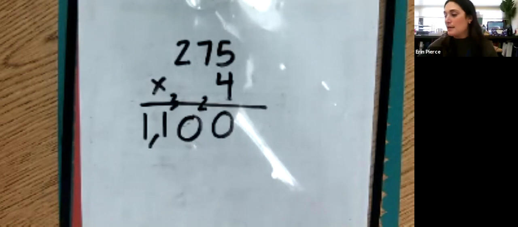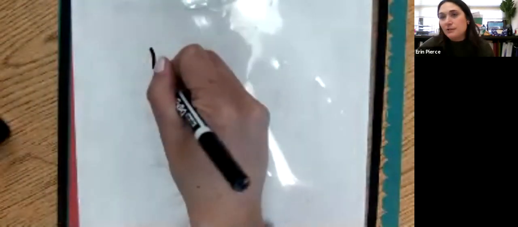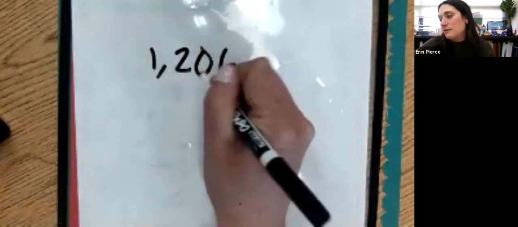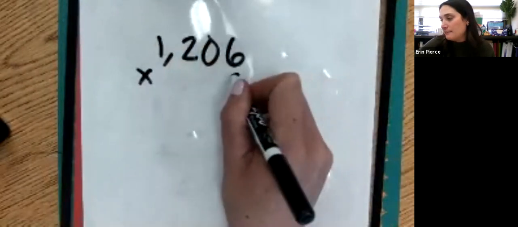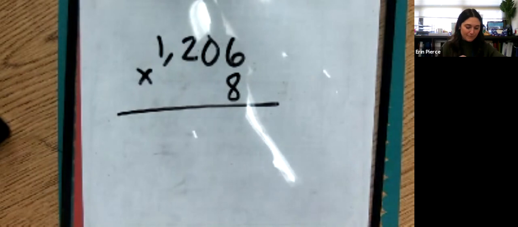Now we're on C. You're going to solve 1,206 times 8. You have a minute. One minute.